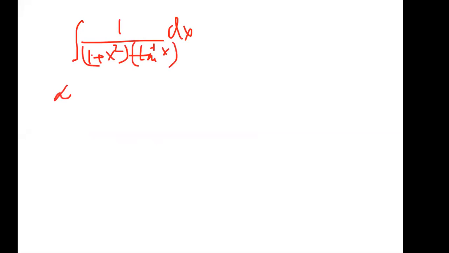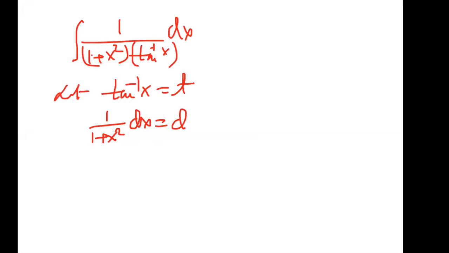I'm giving you 1 upon (1 plus x square) tan inverse x dx. We are supposing tan inverse x as t. Let tan inverse x equal to t. Then 1 upon (1 plus x square) dx will be equal to dt.